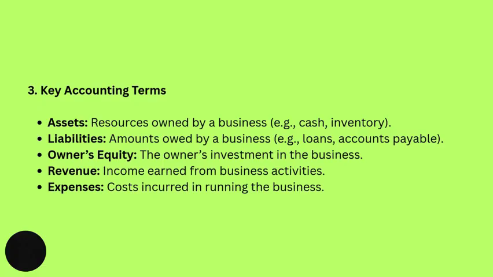Then there is revenue, which is the income generated from business activities. This is a vital term as it indicates the financial health and operational success of the business. Lastly, we have expenses. These are the costs incurred while running the business, affecting overall profitability.